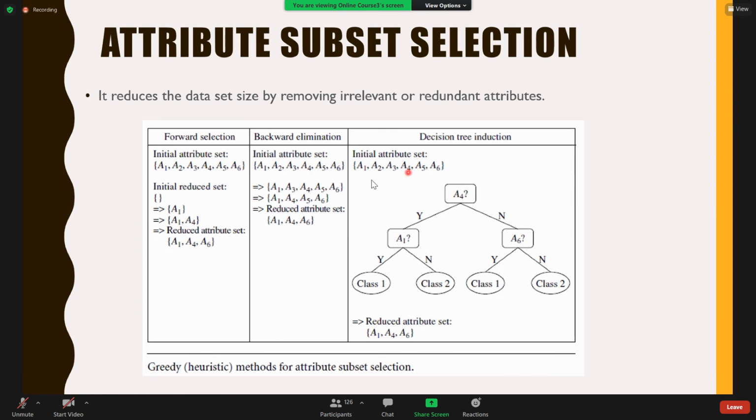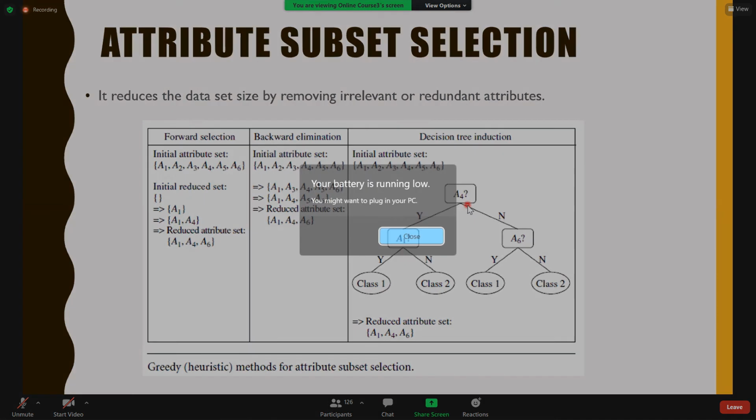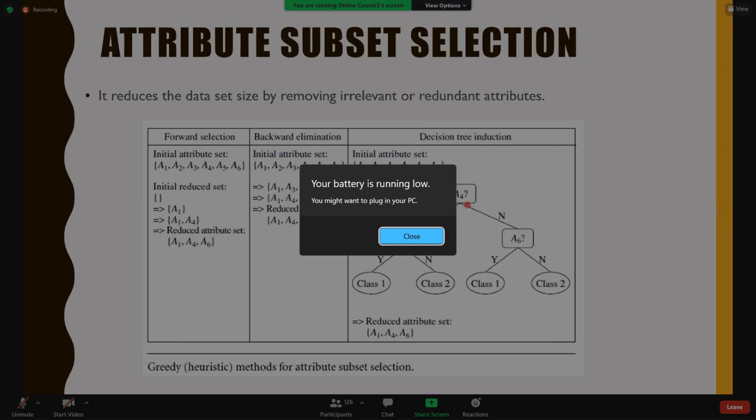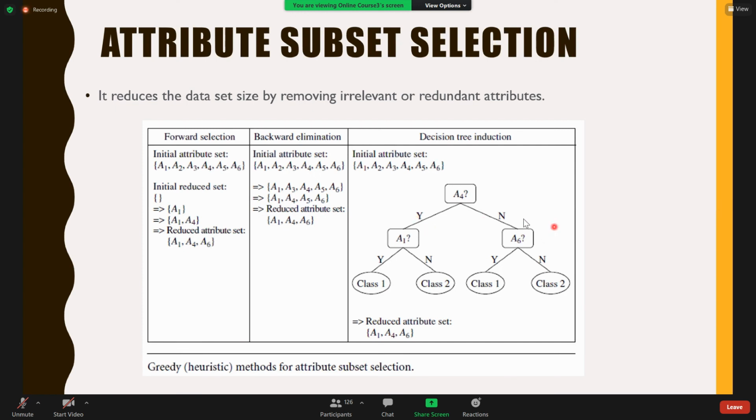The first attribute that is selected will be considered the root, and based upon the condition that we apply for the attribute, here A4 with a question mark indicates certain criteria, the criteria is applied such that it may result in yes or no.